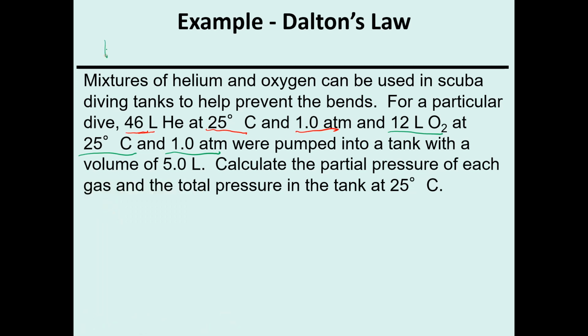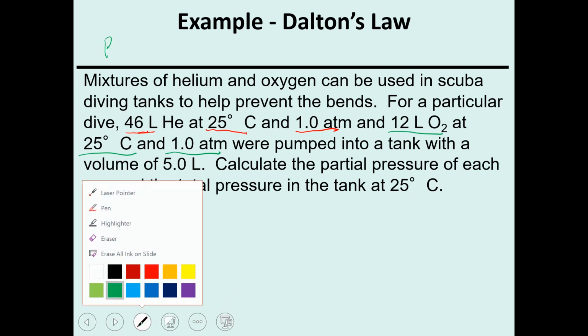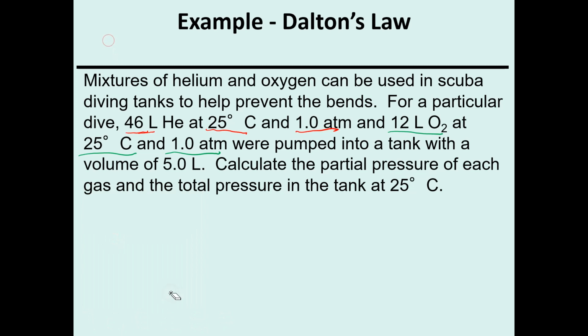So I'm going to go ahead and rearrange this equation for the variables that I need, since I'm going to be doing a lot of calculations here, so that I don't have to do quite so much writing later on. The first thing I'm going to need to calculate is the number of moles.